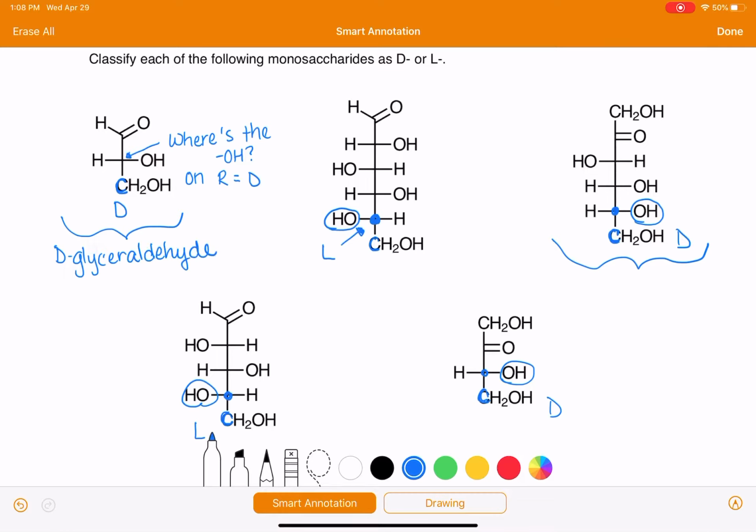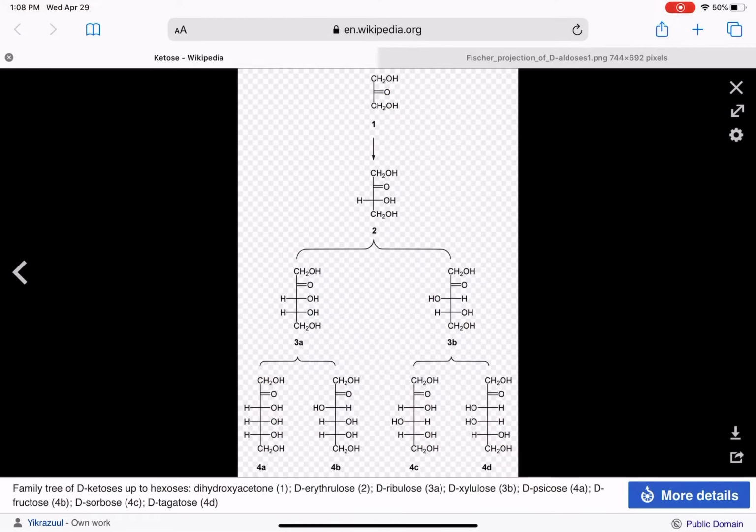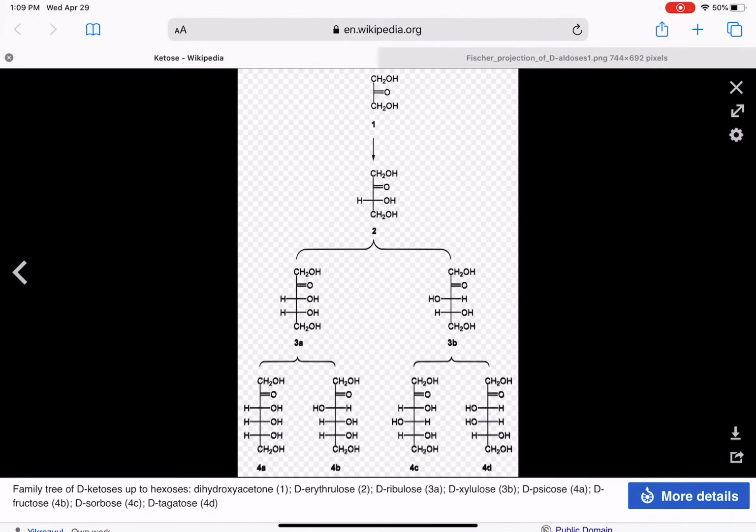Let's name our other guy, this guy over here. This one is a ketose because it has a carbon-oxygen double bond on carbon number 2. That means we're going to go to the other table. This is our ketose table, and this one isn't as easy to look at, I don't think, at least. We have to find the correct number of carbon atoms. The molecule that we're naming has 1, 2, 3, 4, 5, 6 carbon atoms, so we're going to go all the way down to the bottom.